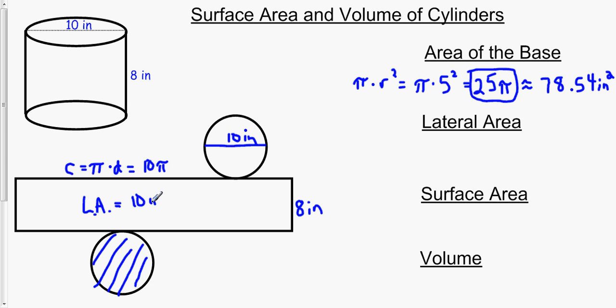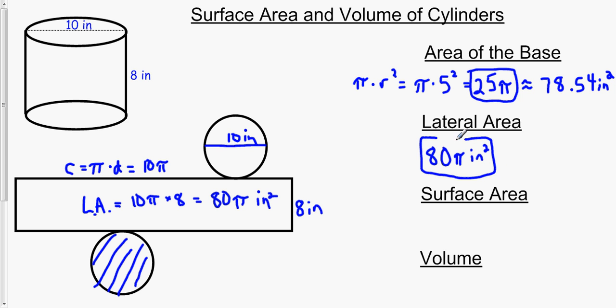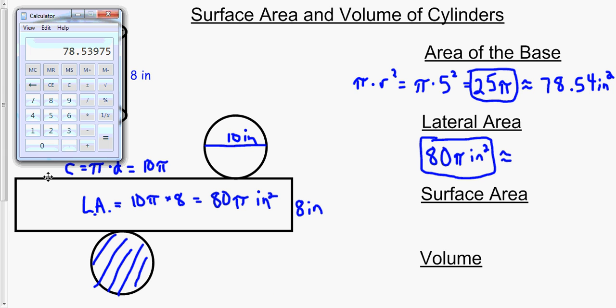So we've got 10 pi times 8, and that gives us 80 pi inches squared. Or if we want a decimal approximation, let's grab our calculator: 80 times 3.14159, 251.33.